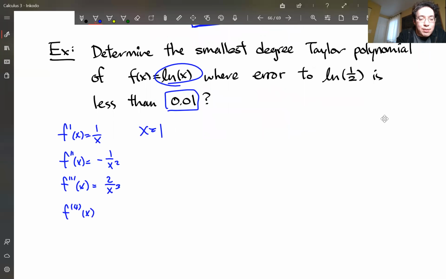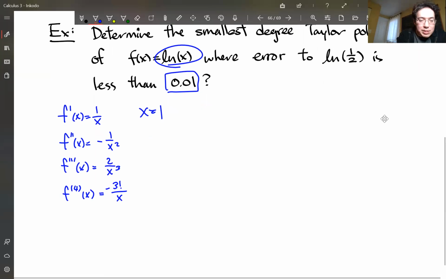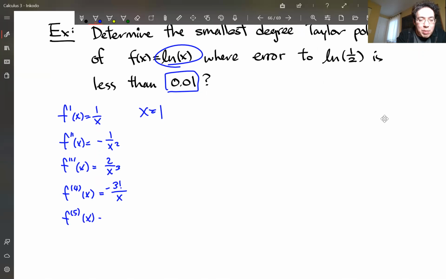The fourth derivative is going to be 2 times negative 3, so 6, or 3 factorial, over x to the fourth, and I think there's going to be a negative sign there. I don't know, is the pattern clear yet?